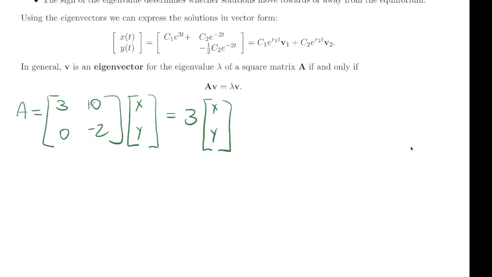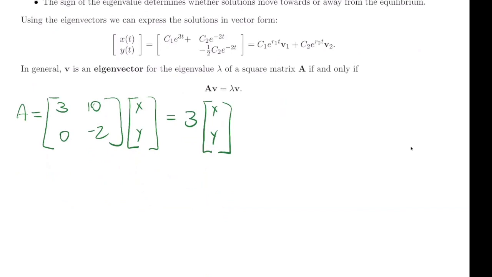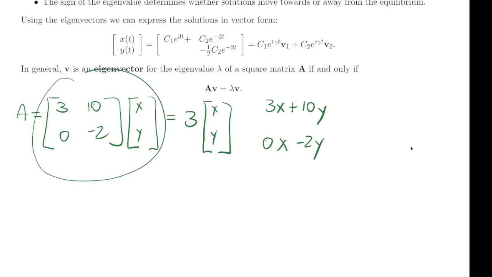To solve for this, we have a system of two linear equations. On the left side, we would have 3x plus 10y, and over here we would get 0x minus 2y. That's that part of it when we do the matrix multiplication.